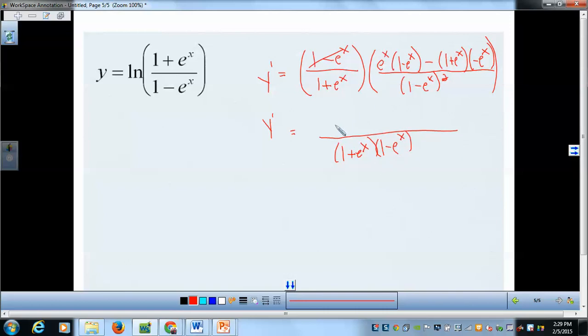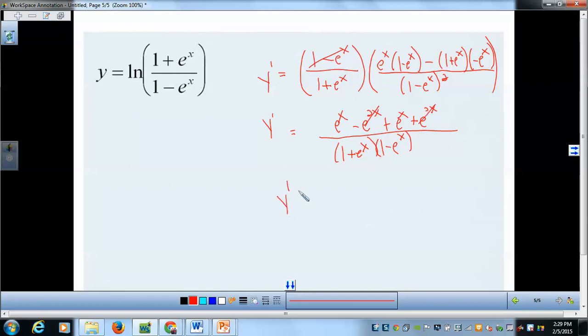So e to the x times 1 is e to the x, and that's going to be minus e to the 2x. Remember, when I multiply two things with the same base, I add the exponents. And then here, I'm going to get a positive, because a negative 1 times a negative e to the x will be a positive e to the x. And a negative times a negative becomes a positive there, and that's e to the 2x there. So then those two drop out.